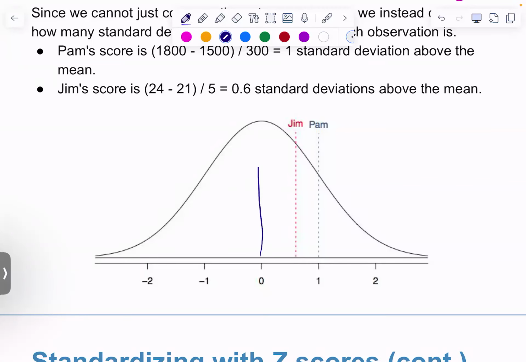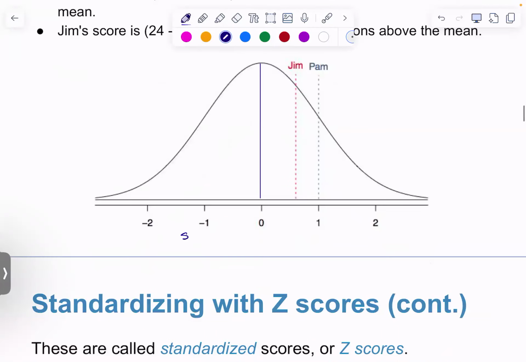But Z, or these standardized values, still follow a normal distribution, just a shrunk down version, centered on 0. That's a fact.